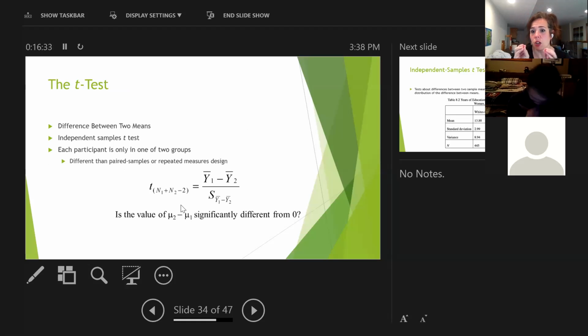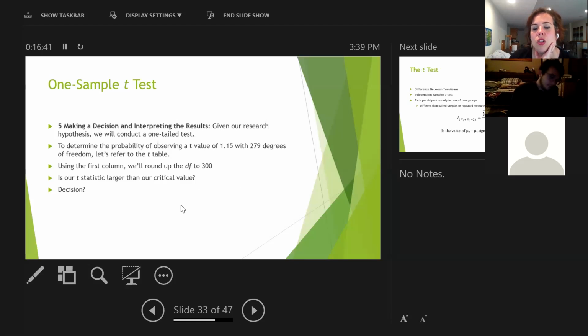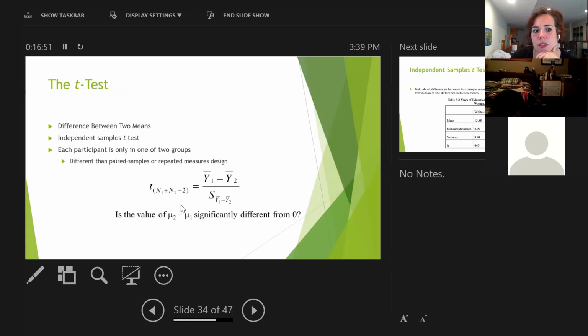If it is greater, then you can assume there's a lower probability, that it's hit that 0.05. So that's how we would do that. Your text has several other examples. I would really recommend you review that chapter and go through a few more of those examples so you know what it means and what it looks like.